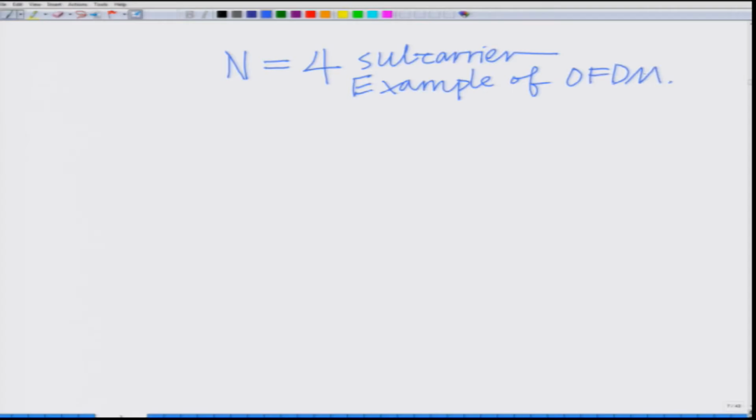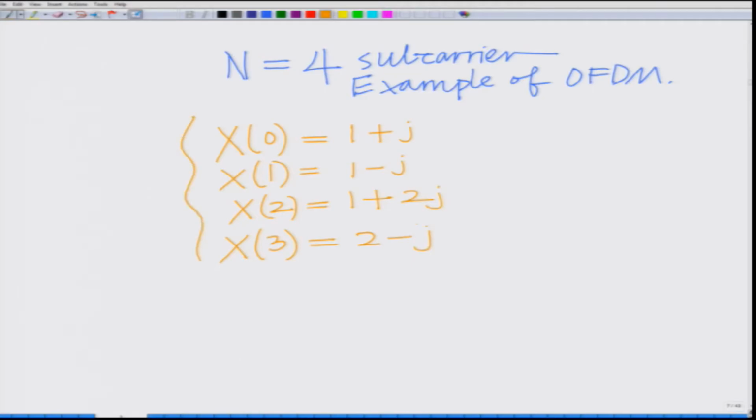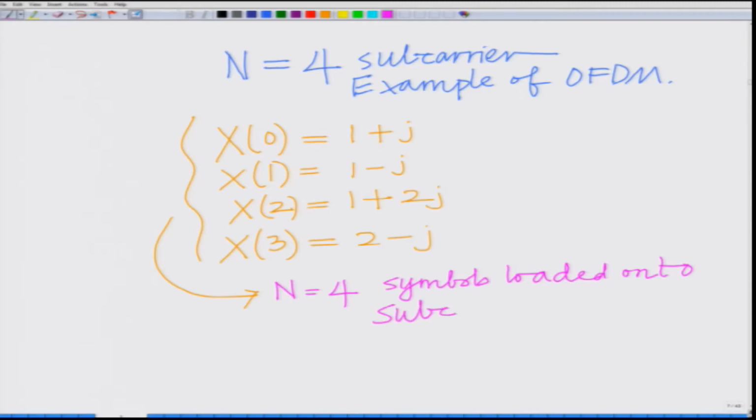We considered the 4 symbols loaded onto the subcarriers to be x0 equals 1 plus j, x1 equals 1 minus j, x2 equals 1 plus 2j, and x3 equals 2 minus j. These are the N equal to 4 symbols loaded onto the subcarriers.